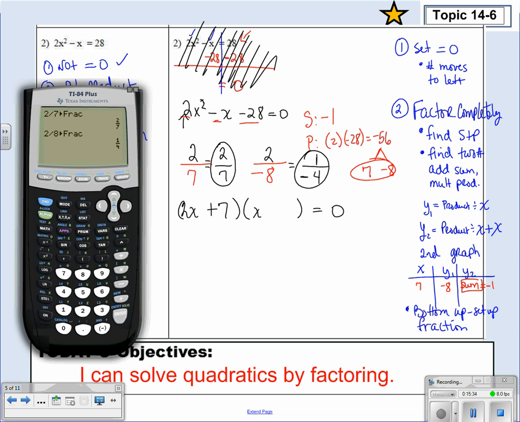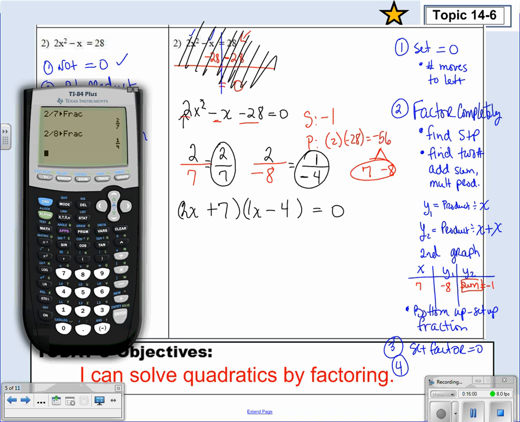For our second fraction, which we reduced, the top number goes in front of the x, the bottom number goes after the x. And we now have factored 2x squared minus x minus 28 equals 0. Now we can take those factors and set them equal to 0 just like we did before. So we set the factors equal to 0.